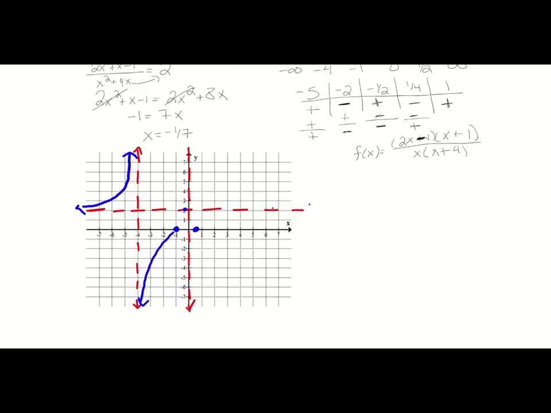From negative 1 to 0, I am above, which makes sense because I'm going to cross my horizontal and keep going above. From 0 to 1/2, I am below and I'm running along. And then from 1/2 to infinity, I am above and I cannot cross my horizontal asymptote again. So I just run along it and get closer and closer to it. And here is the final graph.